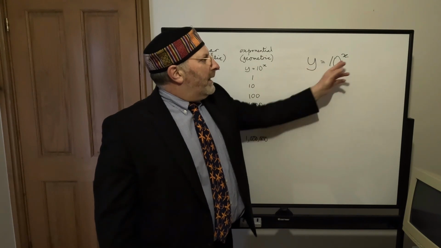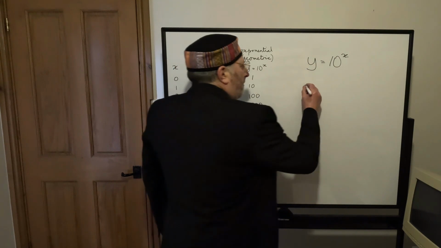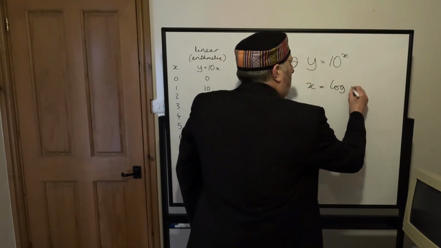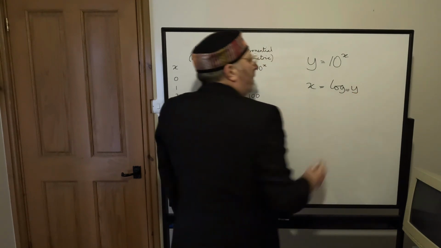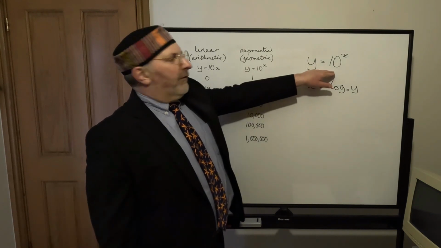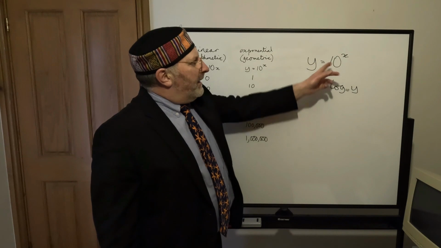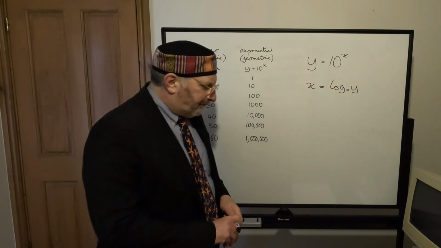So if y equals 10 to the x, we say x is the logarithm of y. x equals the log of y. And we specifically say it's the logarithm to base 10 in this case, because we could have, say, y equals 2 to the x, and in that case x would be the logarithm to the base 2 of y.